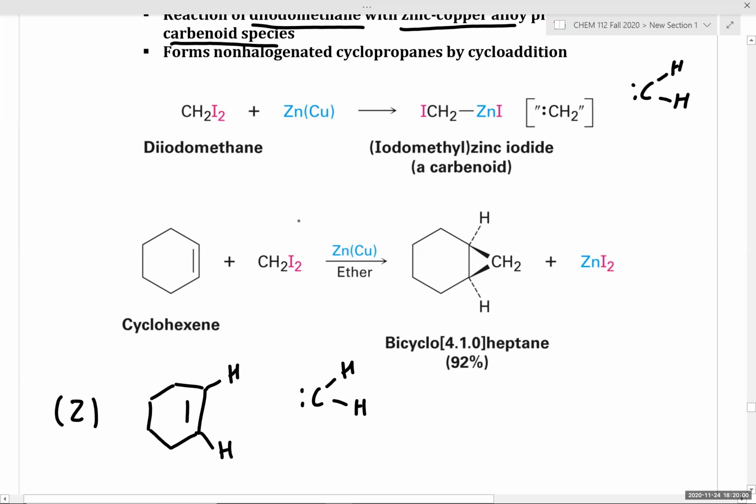Because our starting material is diiodomethane, we have two hydrogens on our carbene rather than two chlorines. And as a result, this carbene, although it functions through the same general reaction mechanism, the final cyclopropane will have slightly different electronic behavior.